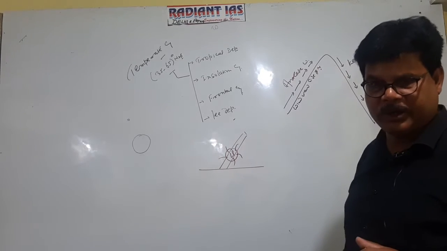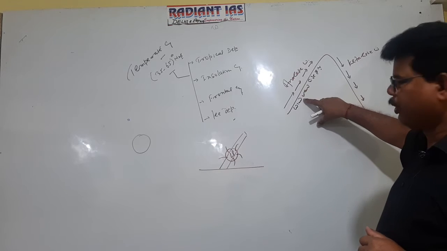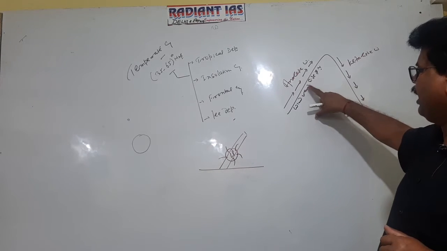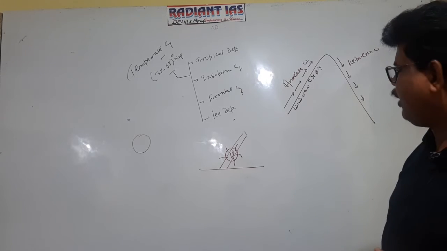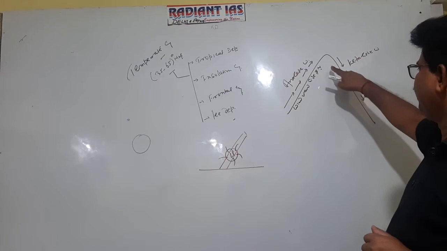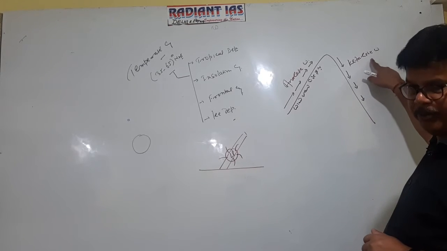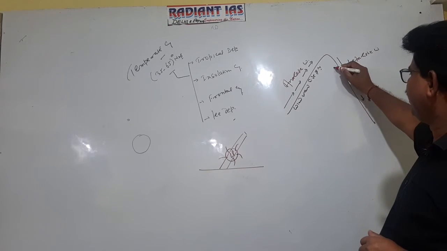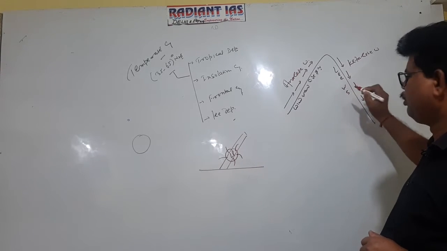Getting well now? Okay? And the wind is referred to as anabatic wind. Okay? And after crossing this, when the wind descends downward, it is referred to as katabatic wind, and this side is referred to as the leeward side of the mountain.